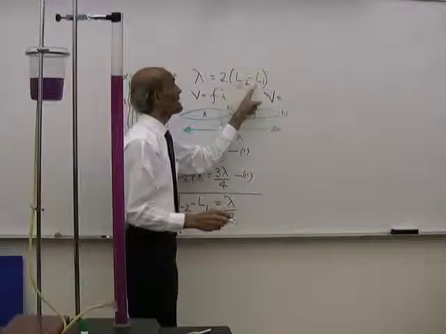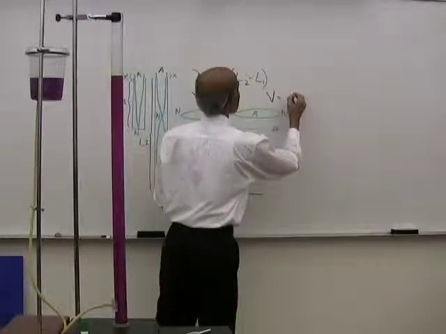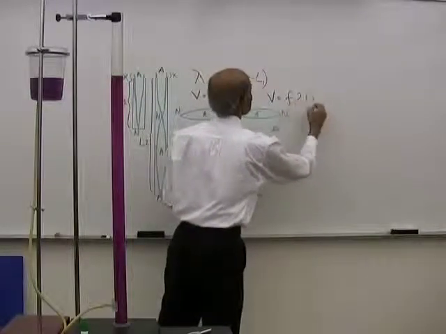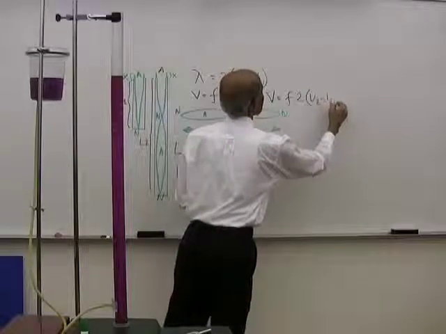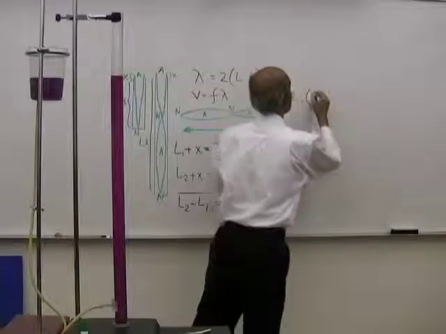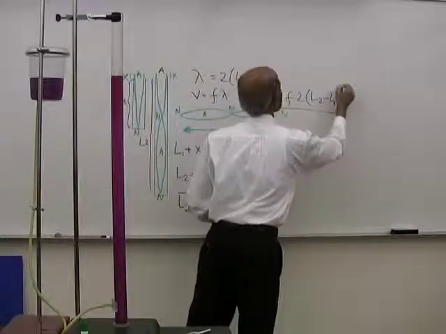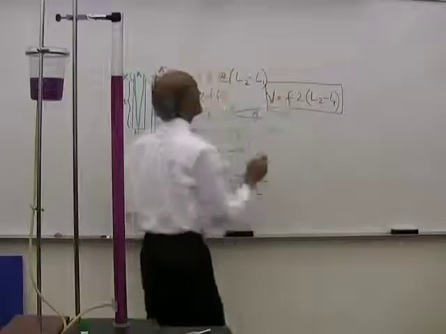In place of lambda, I will write this. So that will be F times 2 times L2 minus L1. Is that right? Yes. Now, this is the equation for our lab.